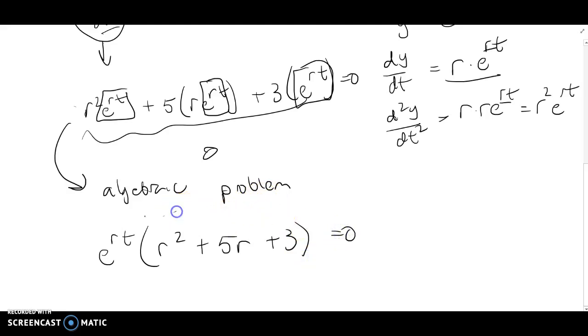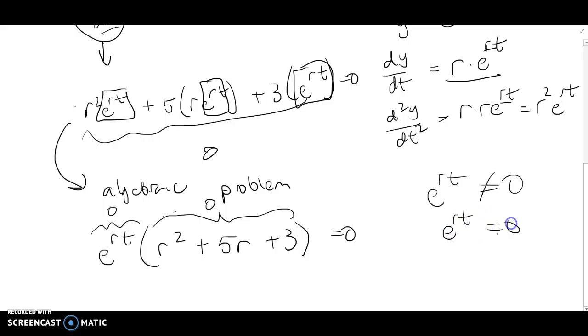The reason I want to factor this is because I know that this left-hand side will be 0 when either this factor is 0 or when this factor is 0. Now, what I know is e^(rt) cannot equal 0. There's no way for that. In fact, if I tried to solve the equation e^(rt) equals 0 for r, I take the natural log of both sides, right?